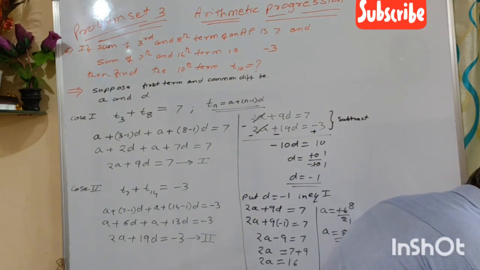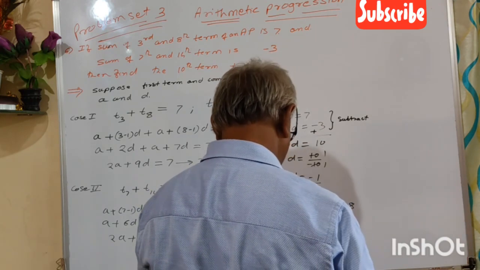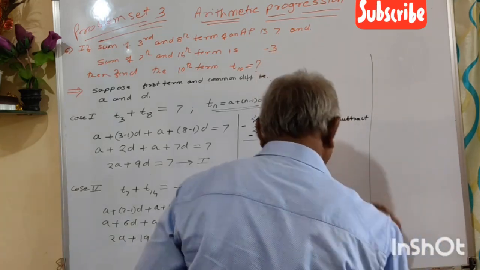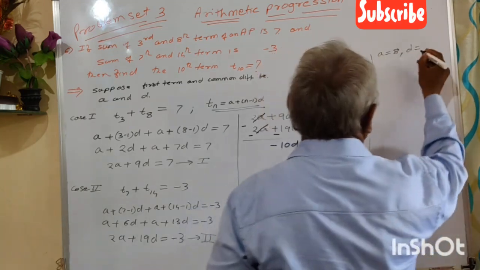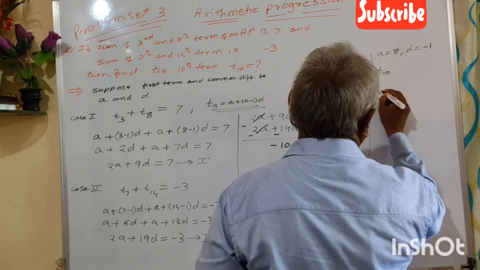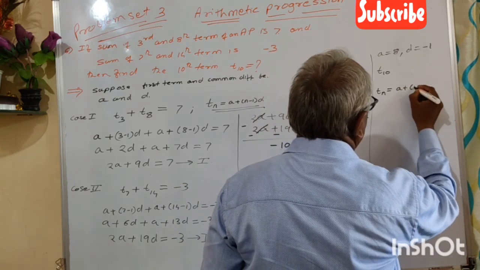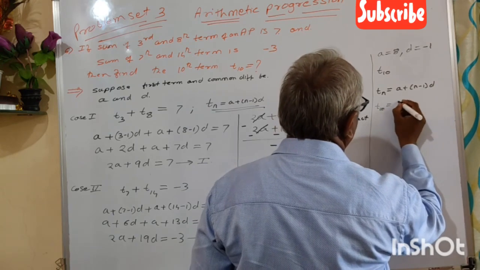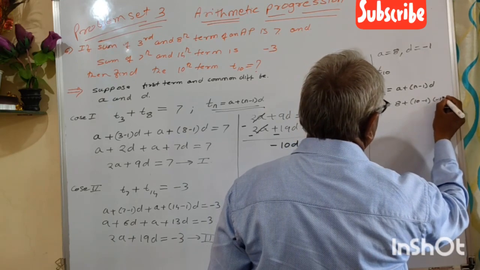We got here A is equal to 8 and D is equal to minus 1, and we are going to find T10. Now the Tn formula we know: Tn is equal to A plus (n minus 1) into D. Then T10 is equal to 8 plus (10 minus 1) into minus 1.